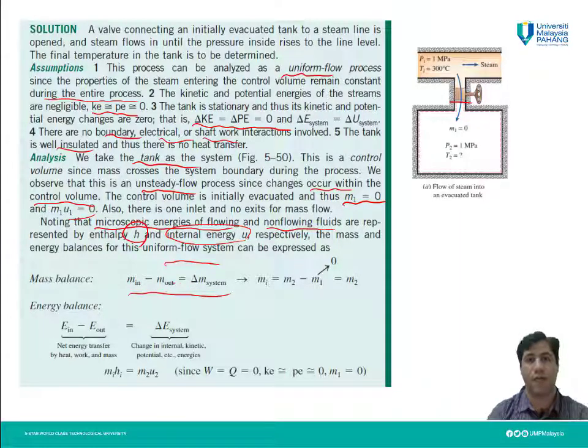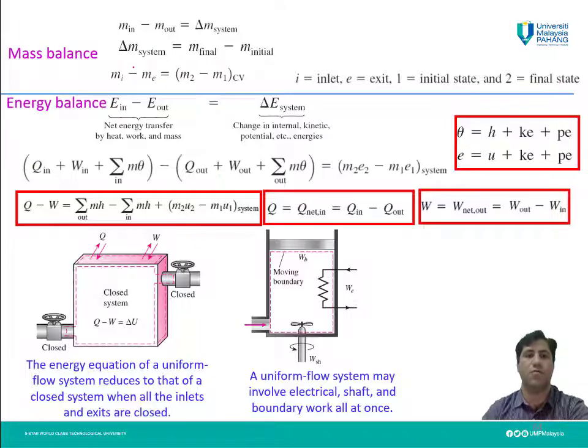A familiar equation for you; we had it in previous examples and sessions. Delta m of the system is m2 minus m1. We don't have any m out from the system, it is 0. Then we have only mi to the system.